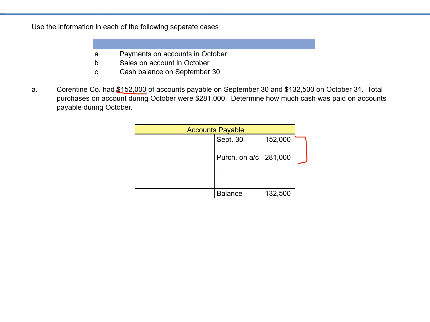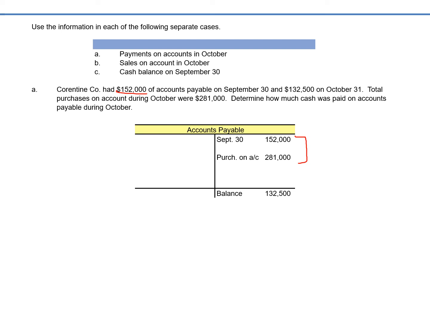it decreased to 132,500. So if you take 433,000 minus the 132,500 ending balance, that means that during the month of October, our accounts payable balance decreased by $300,500 because those were payments that we made to our vendors.